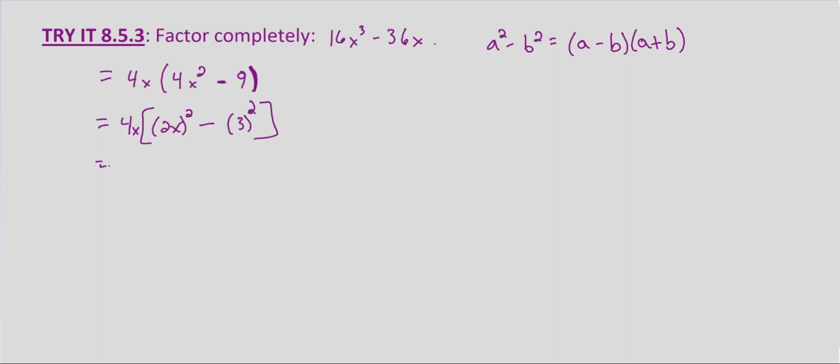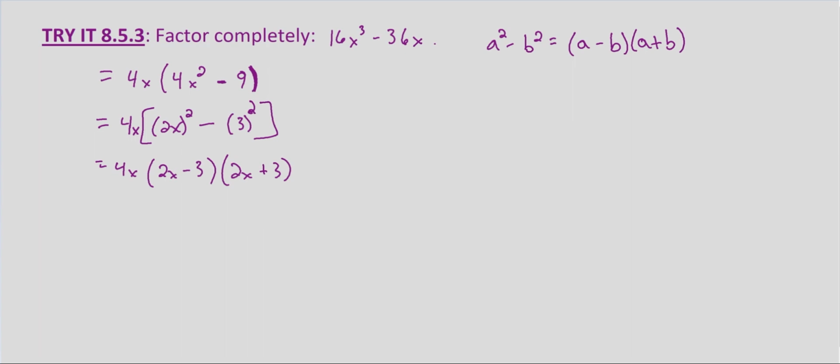So this ends up being, if we substitute into that, 4x times 2x minus 3, a minus b, so 2x minus 3, times 2x plus 3. Neither one of these binomials will factor.